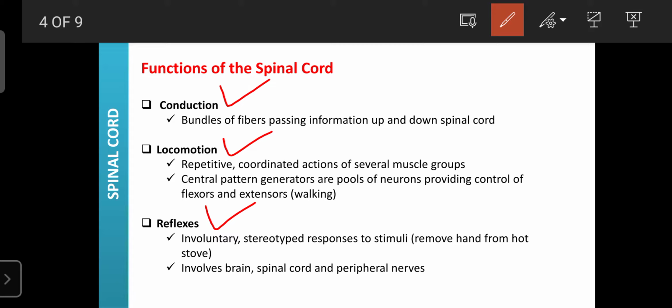That's why the spinal cord plays an important role in the regulation of reflexes or defense mechanisms, actions needed for the body. Those are regulated by the spinal cord. So the spinal cord plays an important role in the conduction of impulses as well as locomotion and reflexes.